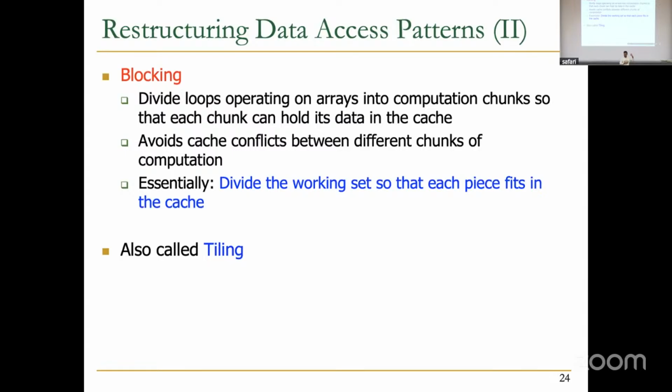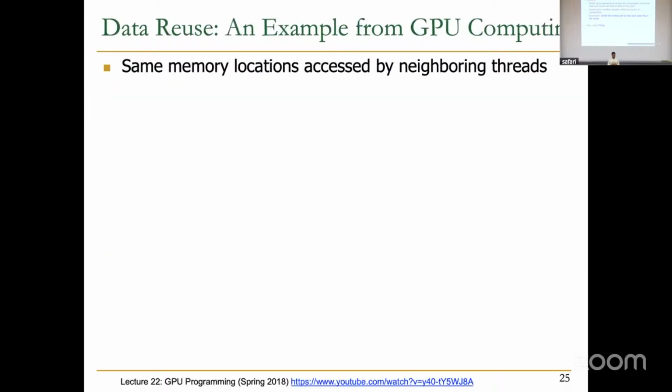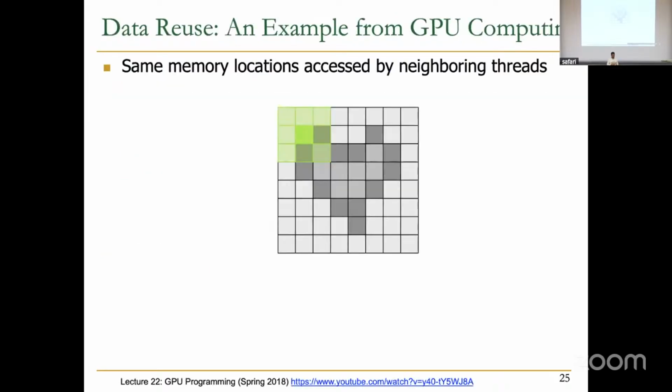There are multiple names for these techniques, like blocking and tiling, and if you have taken any high performance computing course or GPU programming, then you would definitely know some of these techniques. I'm just going to show you some examples. So this is one example: you have an image which consists of multiple pixels. If you want to operate on the entirety of the image all at once, your image might not fit inside the fastest cache out there.